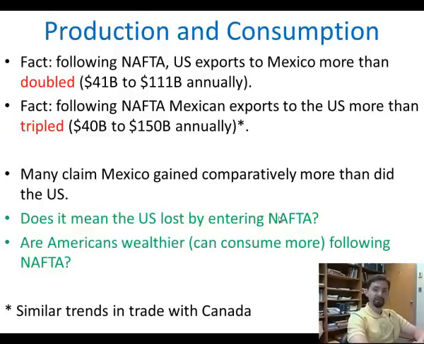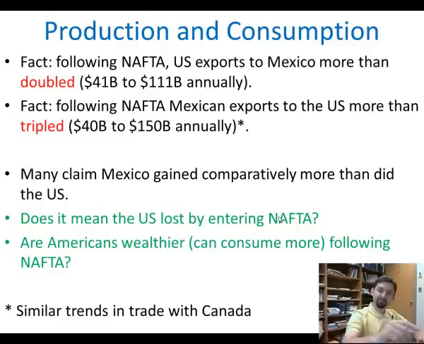Some people see that as a bad trend because it seems like Mexico is gaining so much more than we are. Others say, well, it's not a problem at all. It's almost like if you found $10 and I found $20. Do you gain or do you lose? Well, obviously, some people would say it's a good thing because you found $10, you didn't have it, now you do. Others would say, well, he found so much more, so maybe you lost.